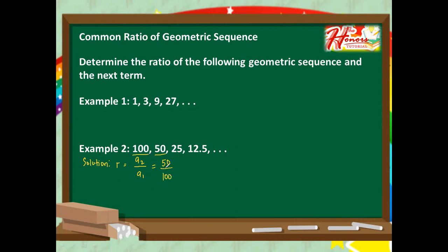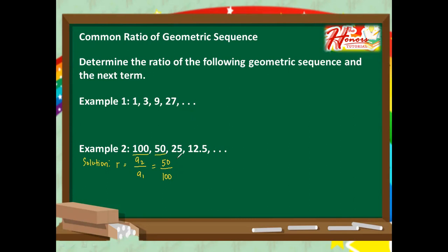But make sure that you have already simplified 50 over 100. This is a proper fraction, so you have to think of a number that can divide the numerator and denominator at the same time without remainder. If you are thinking about 2, yes, it is possible, but you will have to keep simplifying again and again. How about 5?